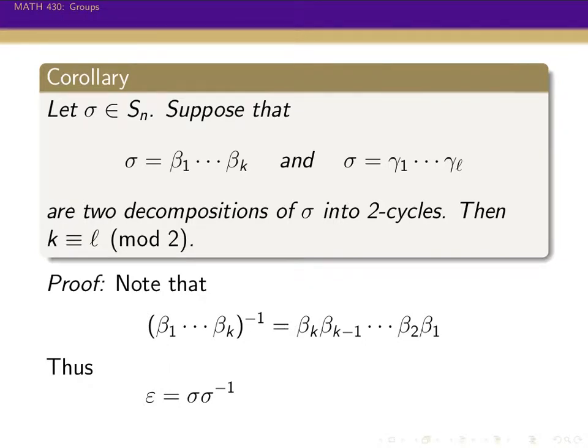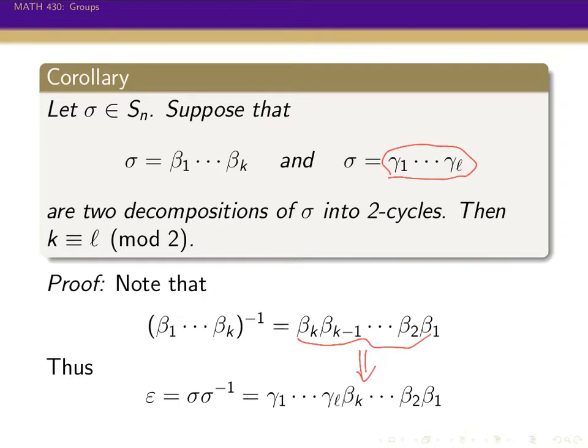Since epsilon is equal to sigma times its inverse, for the first sigma, we're going to use the gamma representation. So that's gamma 1 through gamma L. For sigma inverse, we're using the fact that we can represent it as k 2 cycles, just in opposite order.